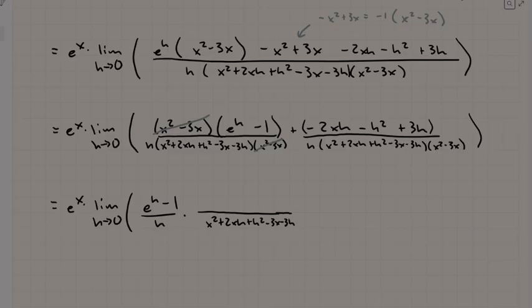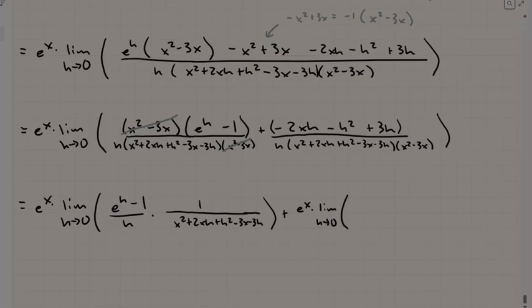All right, and then that would give us just 1 there. Okay, and then for the other part, remember that e to the x is going to go on both because it's multiplied out in the very front. So then we're going to have e to the x times the limit as h approaches 0.